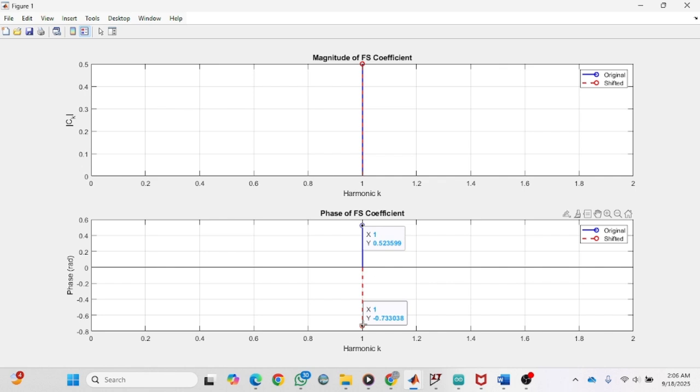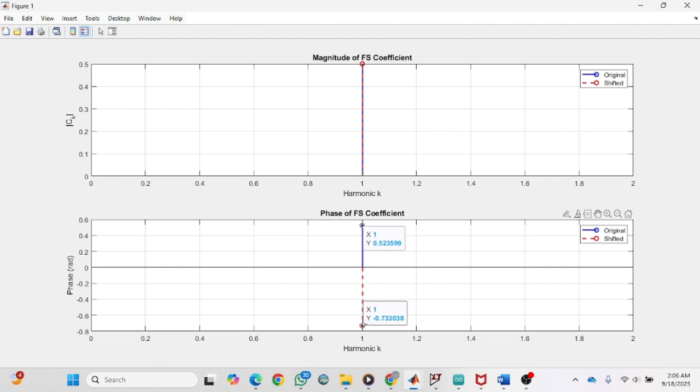And if you have more sinusoids, the only thing you need really is the original phase of the sinusoid. Once you have the original phase and you plot your spectrum, if k is 2, you basically just go in and replace k with 2, and everything else will be the same.